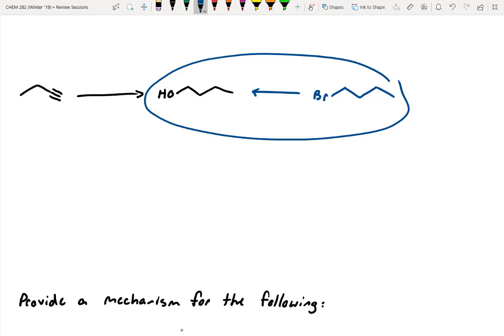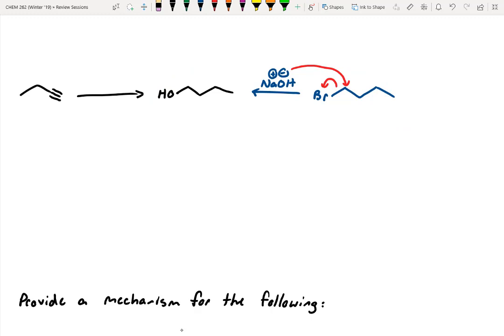I'd use a strong nucleophile for SN2, right? So I would use sodium hydroxide, right? Because if you've got your sodium cation and your hydroxide, this will just reach around, do the SN2, kick off your bromine. So that's one option. We've already seen that last term.